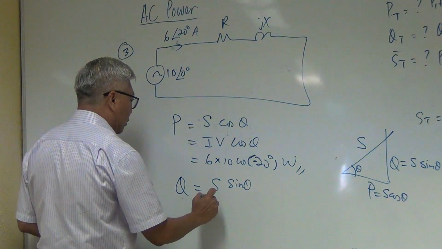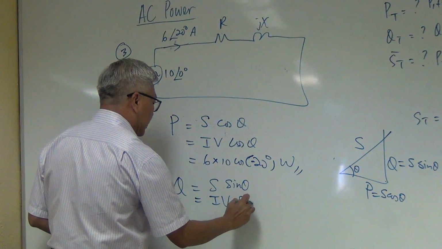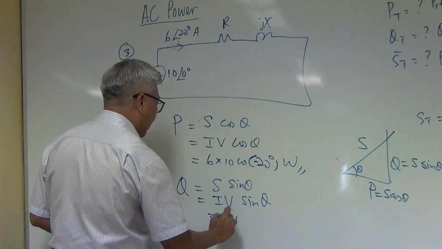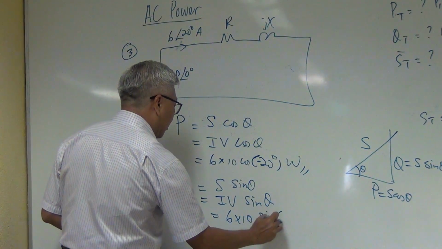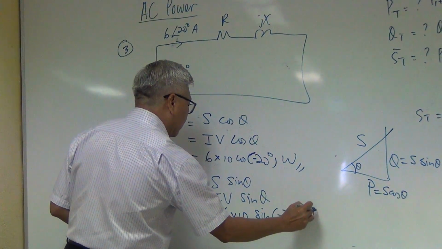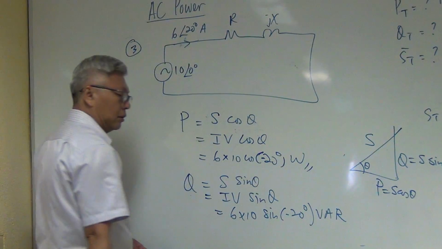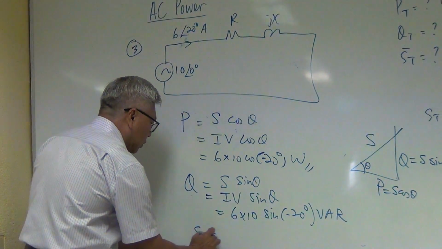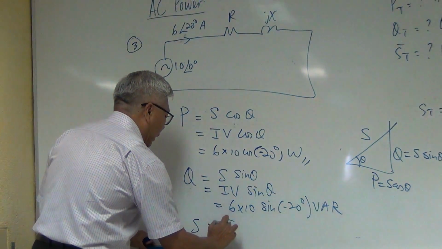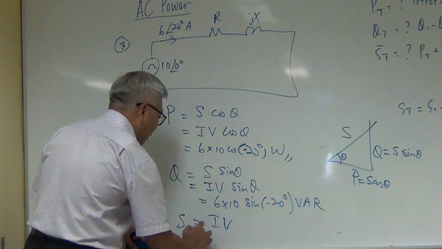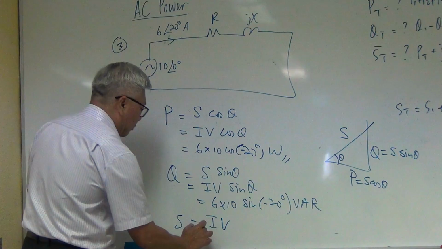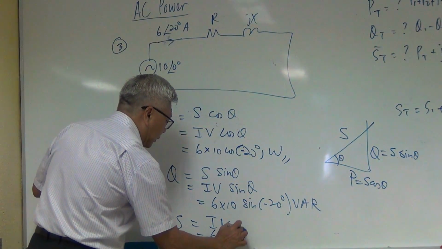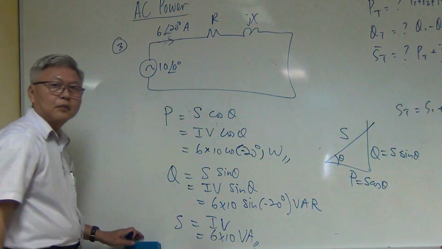So Q is therefore equal to IV sine theta. So it's 6 times 10 sine minus 20 degree VAR. Okay? And how about S? S is equal to V times I, or I times V, right? So therefore it's equal to 6 times 10 VA. Okay?